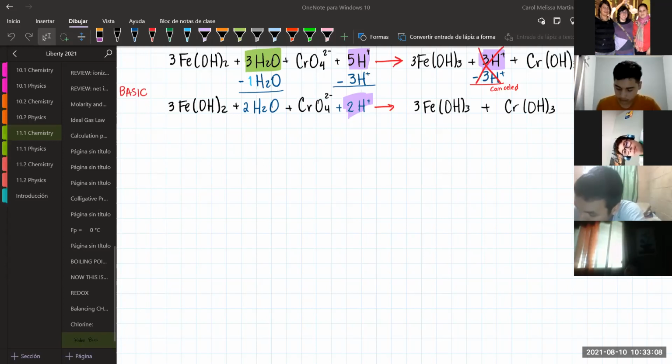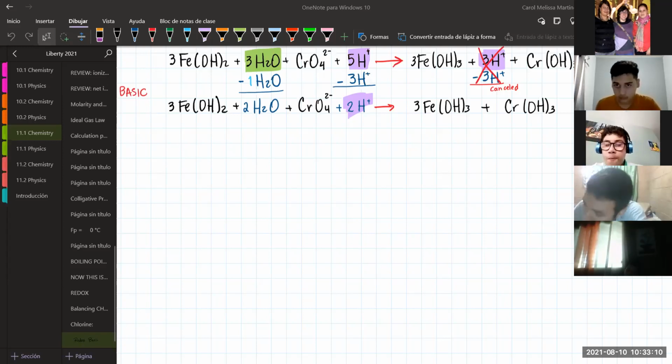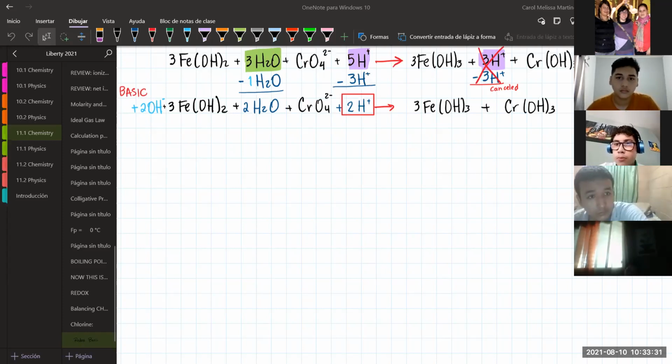So take a look, because here you have two H plus ions, you're going to add two OH minus, okay? But what you do on the right must be done on the left, so you're going to add two OH minus ions in the reactants, but also in the products.